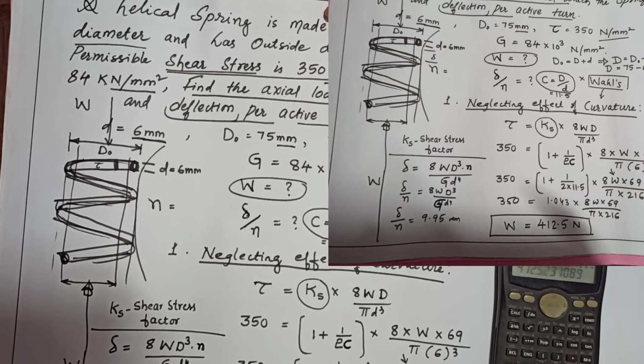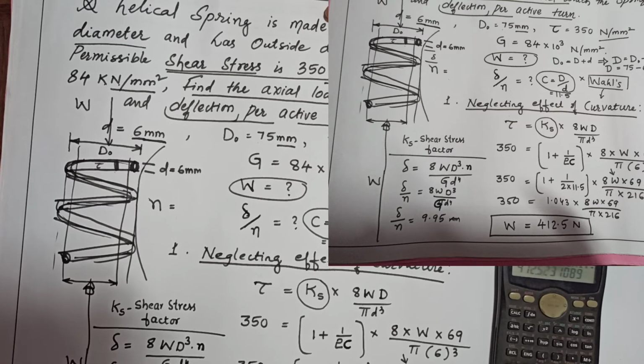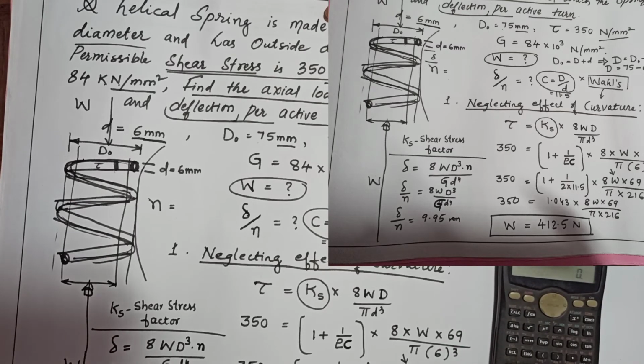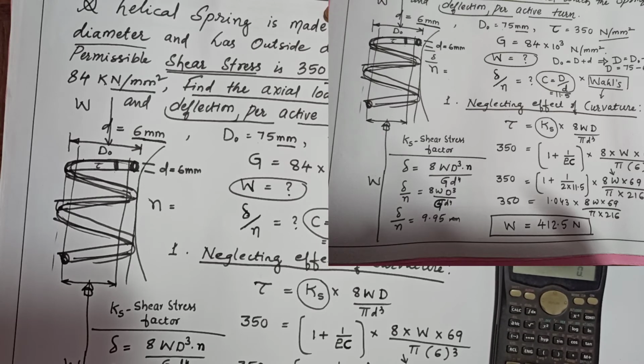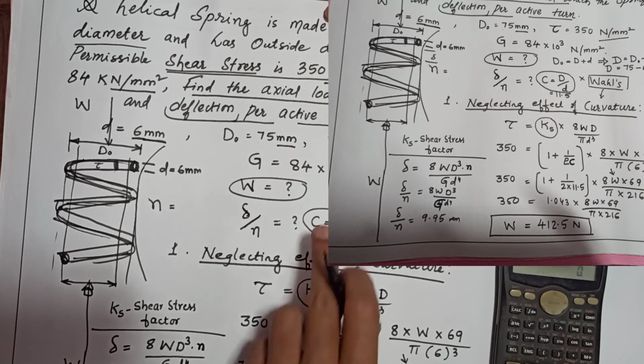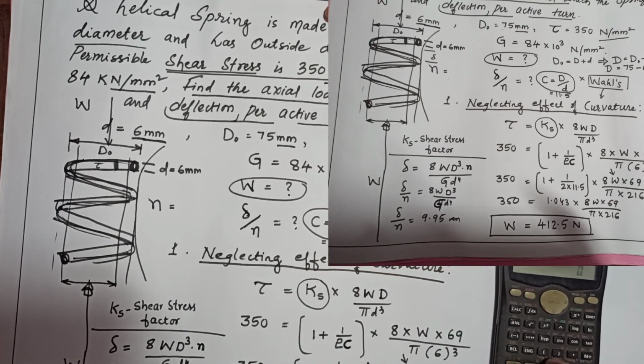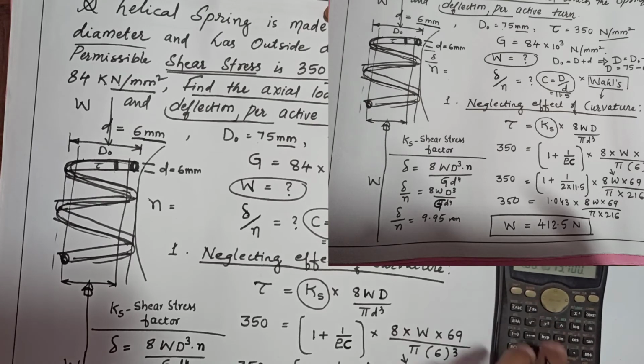That also you can make. Now you can directly substitute and you will get delta by n. Let us see what value you will get. 8 into W is 412.5 into D cube. The value of D we have calculated, 69 power of 3, by pi d cube, d power of 4.